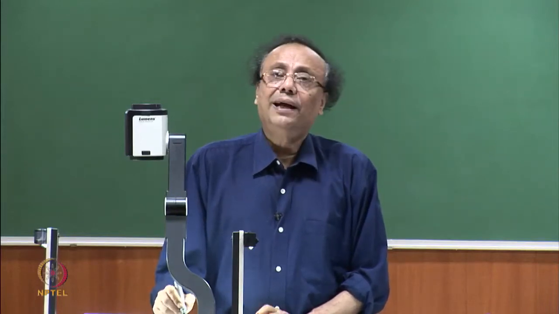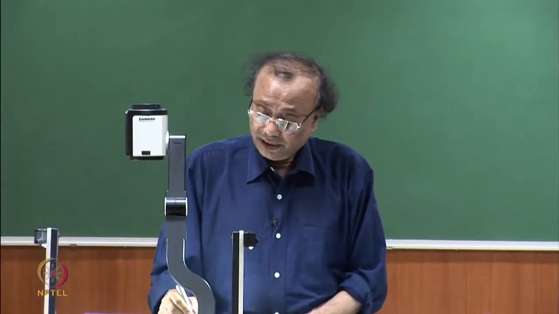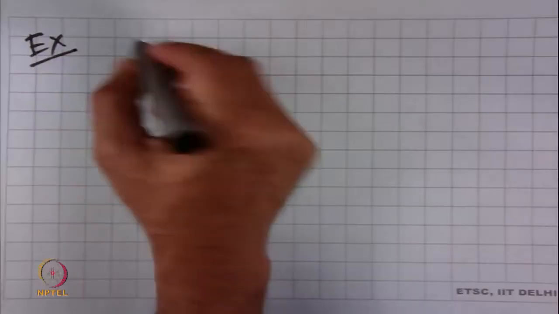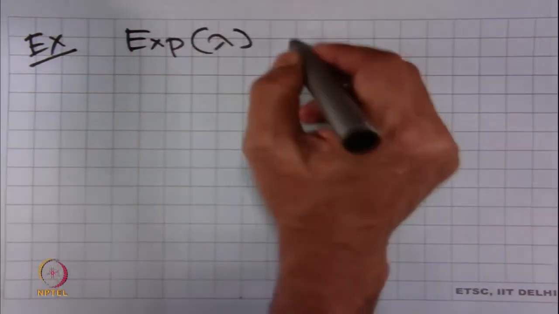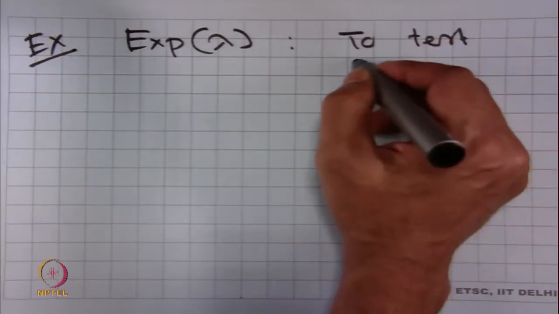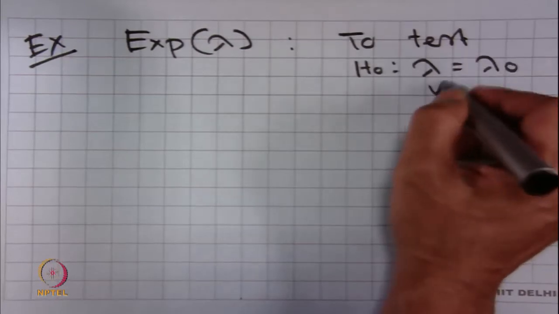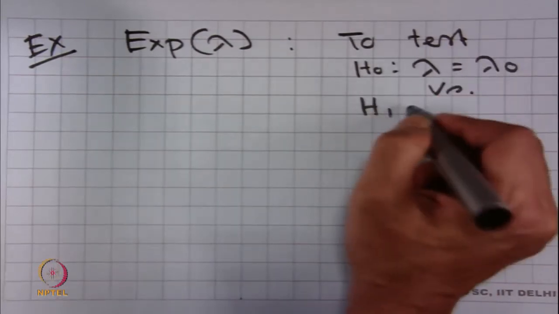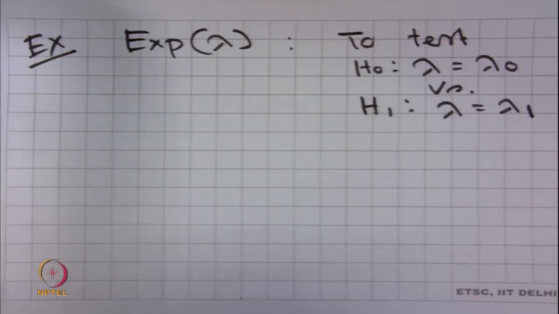So, let me relook at the problem. Example: exponential lambda, to test H naught lambda is equal to lambda 0 versus H 1 lambda is equal to lambda 1.